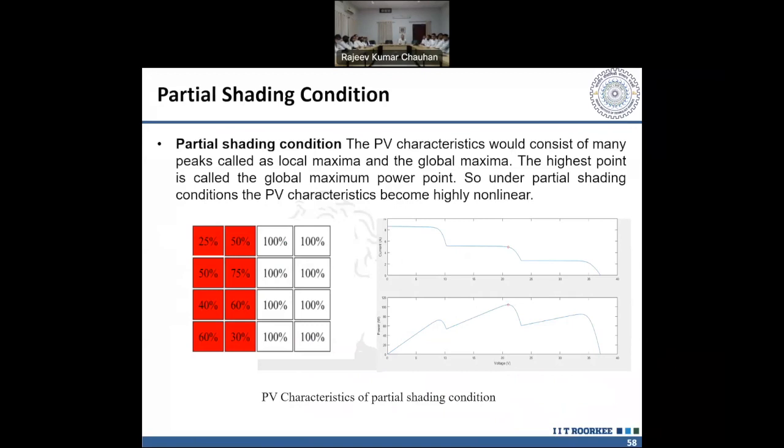So partial shading further changes your characteristics. Now in that case again you have to track where you are getting the maximum power. Like in this case you are getting the maximum power at this point. So you have to develop your scheme in such a way that this maximum power can be extracted from the panels.